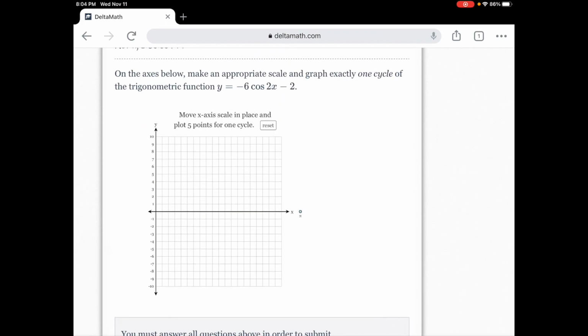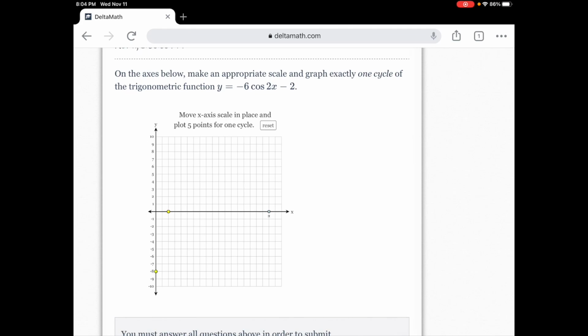All right, so we have our pi point right here that we're going to adjust. So I don't really care how you section off your pieces as long as they are equal sections. So I'm going to start at -2 because -2 is my midline. And remember, cosine, this is going to be flipped over. So we're actually going to go down by 6 units. So if I go down by 6, that's going to put me at -8.